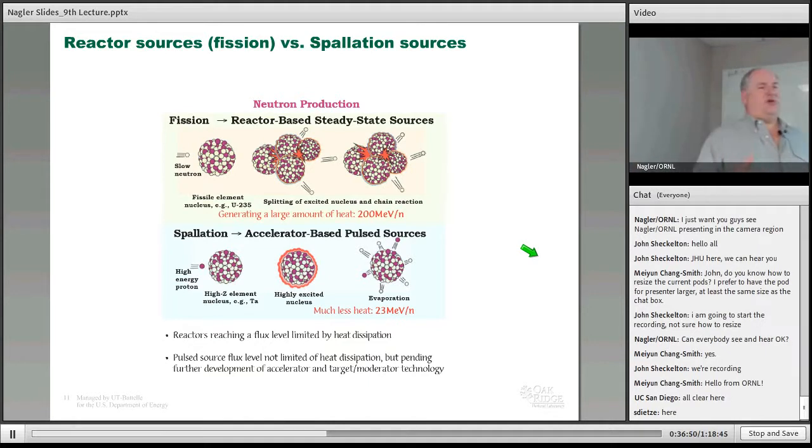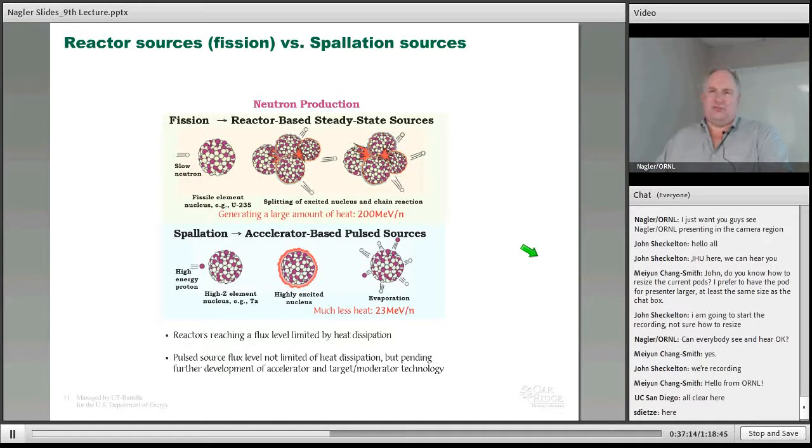After neutrons were discovered, it took from 1932 until about 1942 before people actually produced chain reacting piles. Chicago Pile 1, the famous football stadium in Chicago, pioneered by Fermi, was the first one, okay, where people actually used the fission of uranium to produce neutrons.